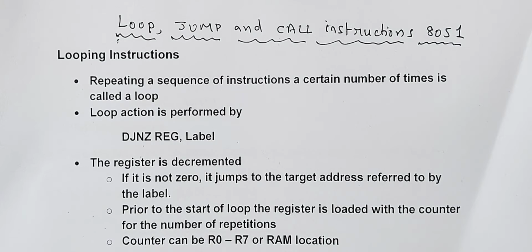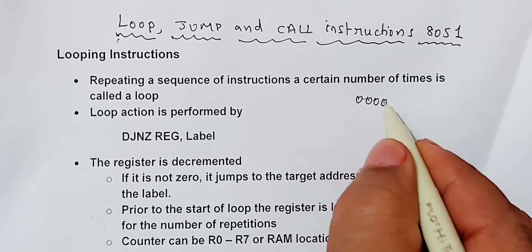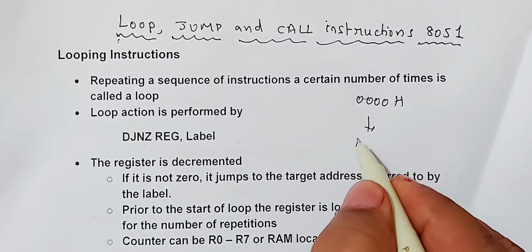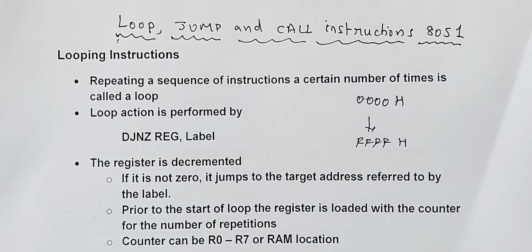Then each step must be addressed by the address of the program counter. The program counter is a 16-bit or 2-byte address. The program counter address will start from 0000H and end with FFFFH.